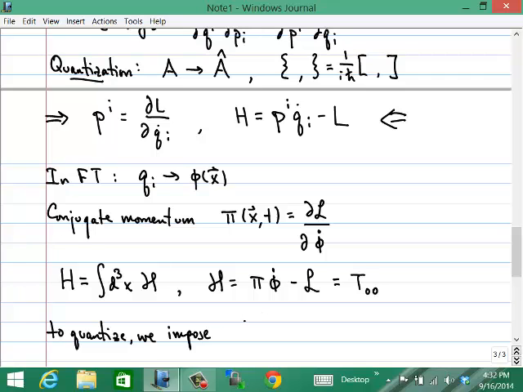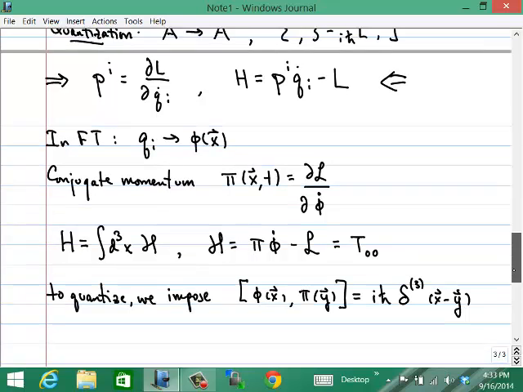Which says that the commutator of an operator φ(x) with the conjugate momentum π(y) should be equal to iħ times the delta function δ(x minus y).